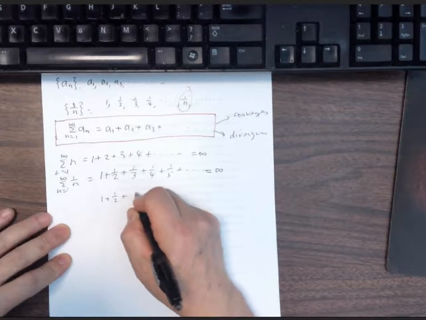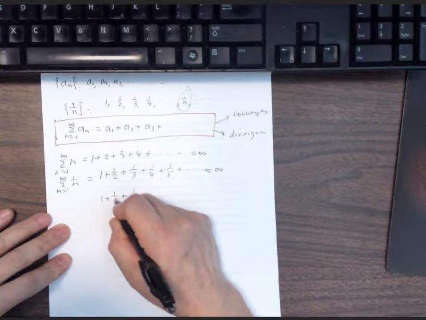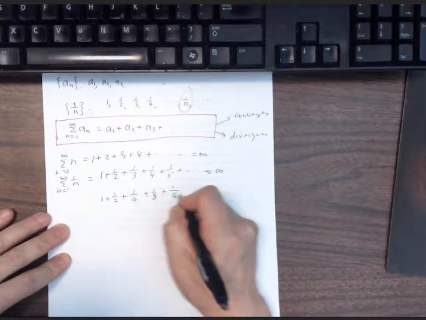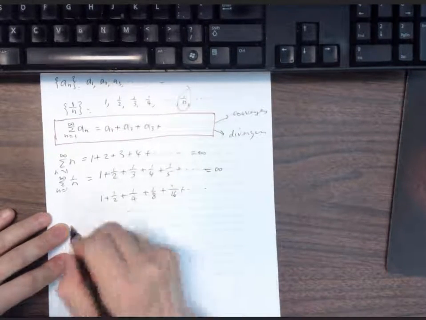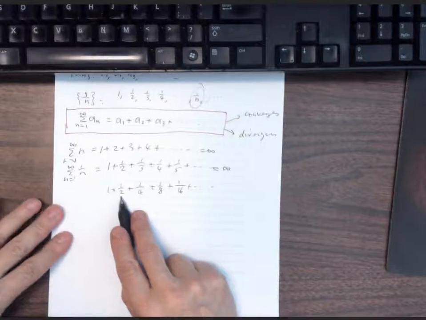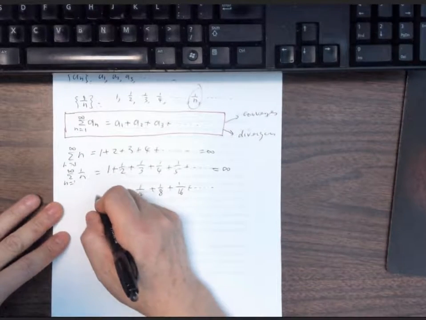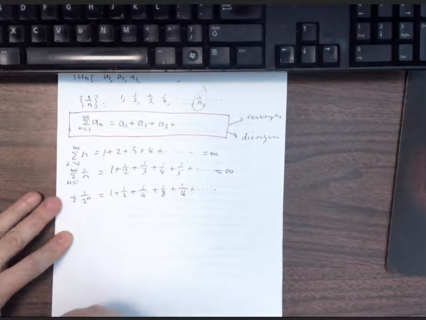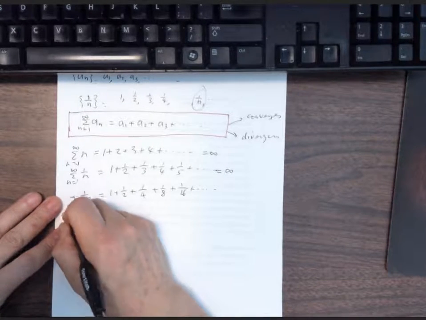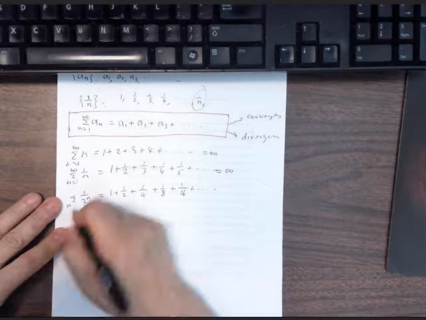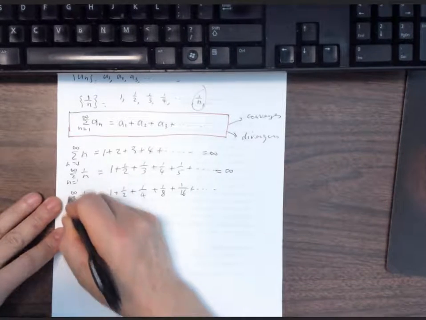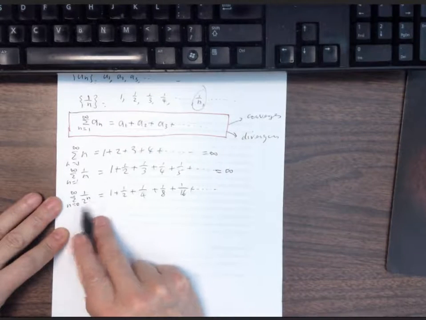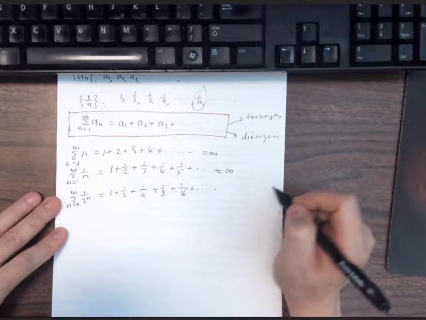1 plus 1/2, 1/4, 1/8, 1/16. Well, what we see here, basically the bottom is a power of 2. So it's 1/2 to the nth power, and from, say, 0 to infinity, we take the first term as n equal to 0, n equal to 1, n equal to 2, and so on.